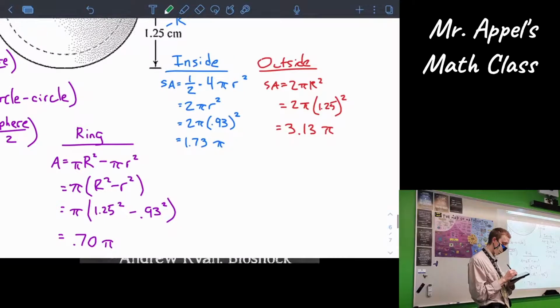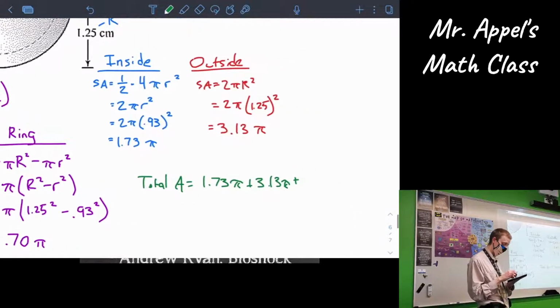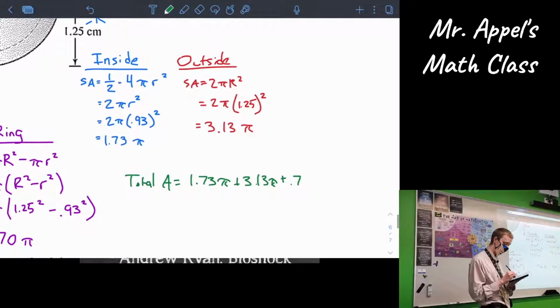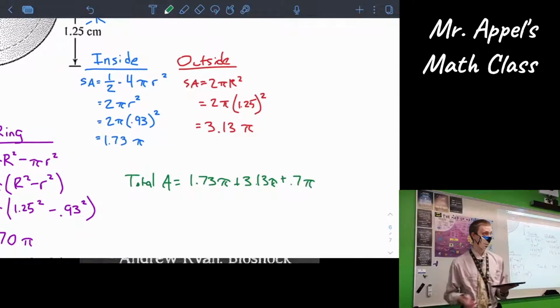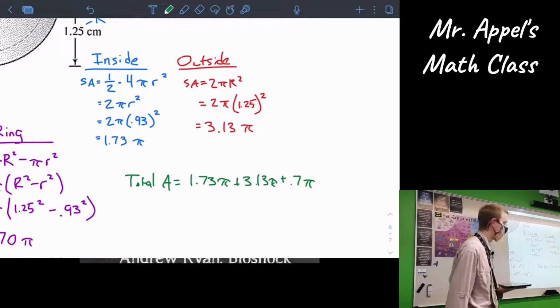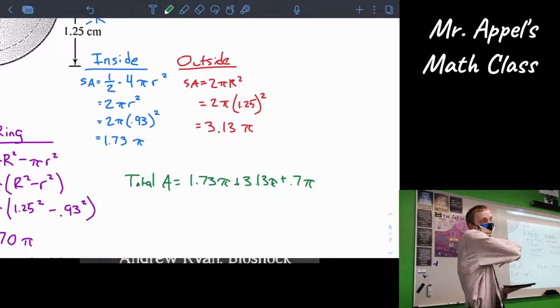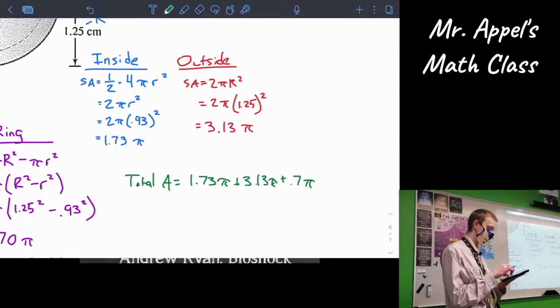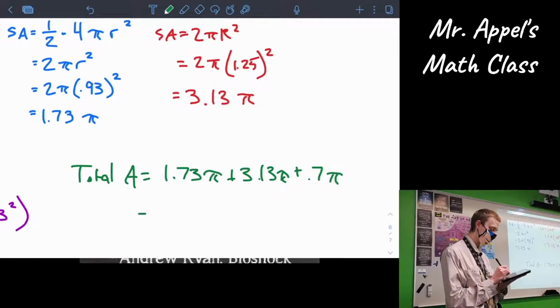So our total area is going to be 1.73 pi plus 3.13 pi plus 0.7 pi. Aha! My prediction has come true. Everything is in terms of pi. So my final answer can just be a multiple of pi.